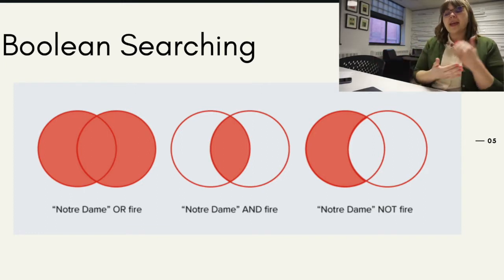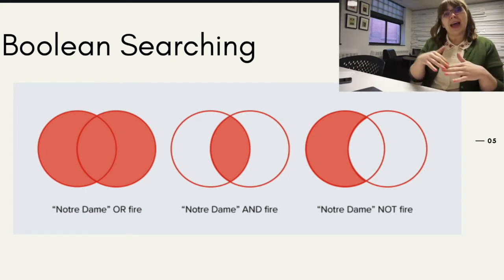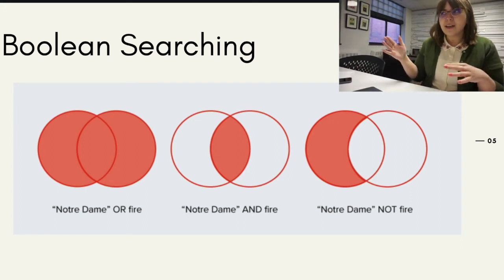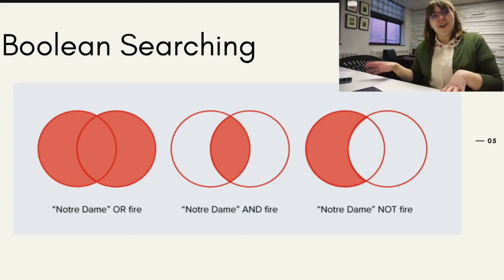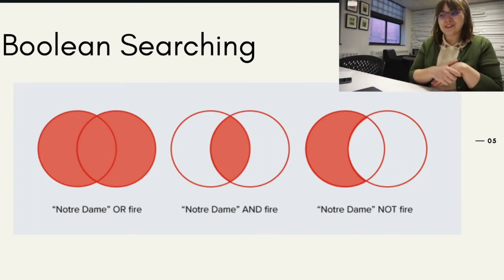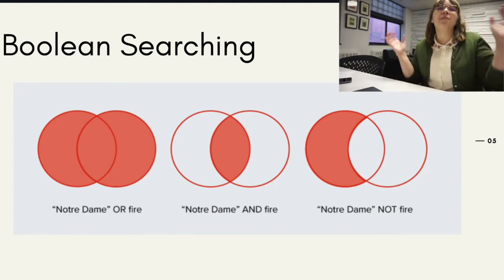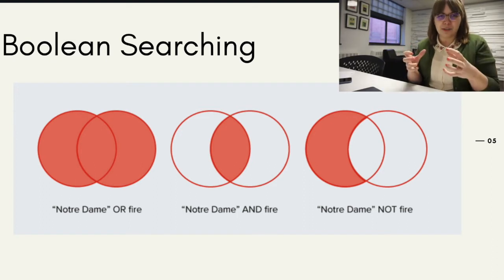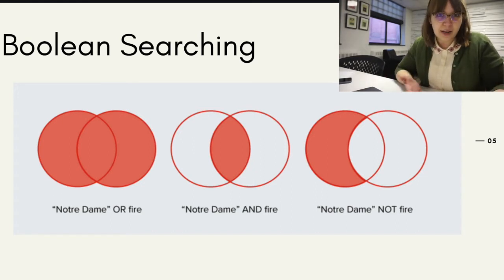The other two, the and the not, are really good for limiting your results. So if you do a search and you have 10,000 results, you want to definitely limit that down. And so that and that not are going to be helpful in doing that. So the and is helpful for combining different search terms to narrow your results, because you might be doing a search about physical education in the United States.